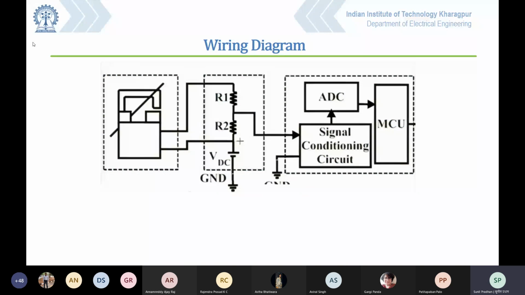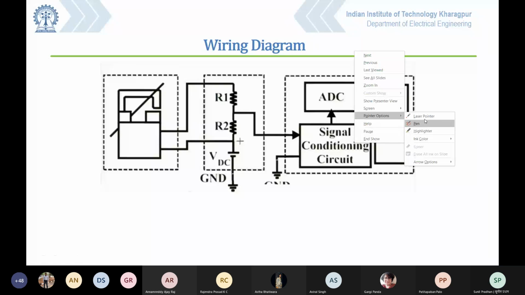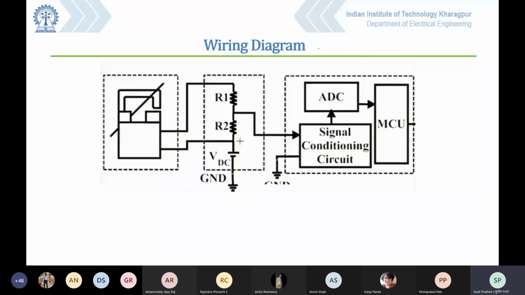So this is my wiring diagram, or you can take it as an overview PPT also. Here you can see that this is a current sensor.